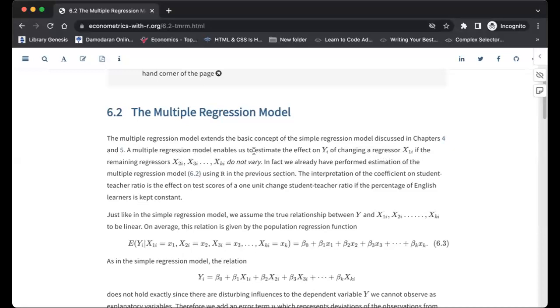A multiple regression model enables us to estimate the effect on yi of changing a regressor, like x1i, if the remaining regressors x2i, x3i do not vary, like this ceteris paribus assumption.